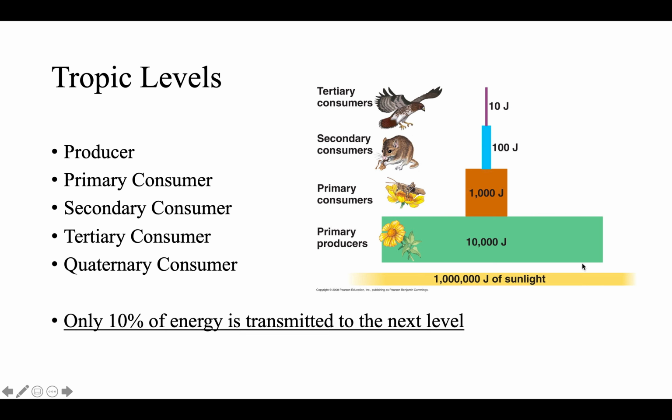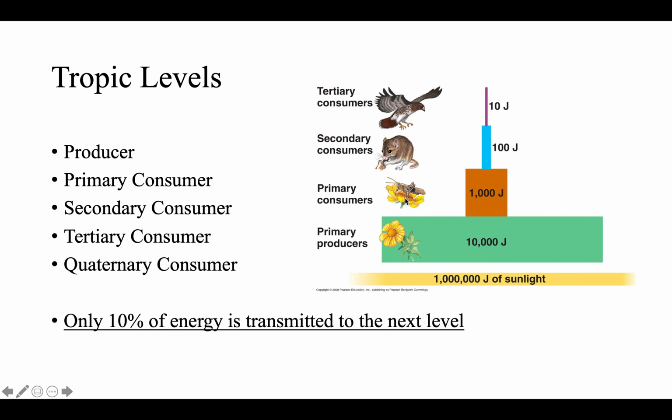In each trophic level, only 10% of energy is transmitted up to the next level. So I think we learned in another unit about energy loss through heat and different things. So think about this little grasshopper here, who would have to eat a lot of plants in order to have enough energy to survive.